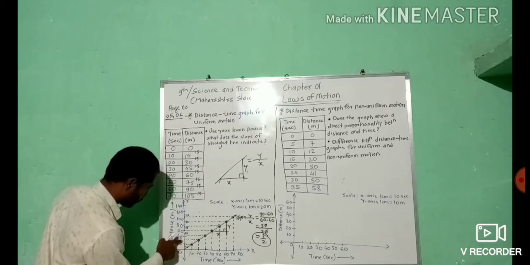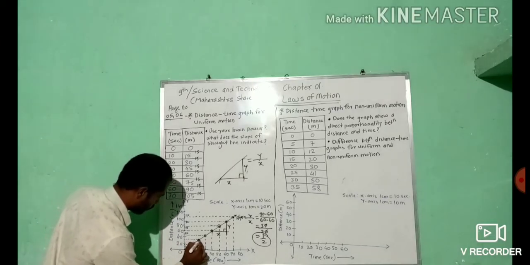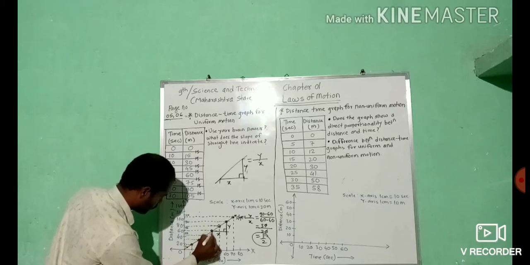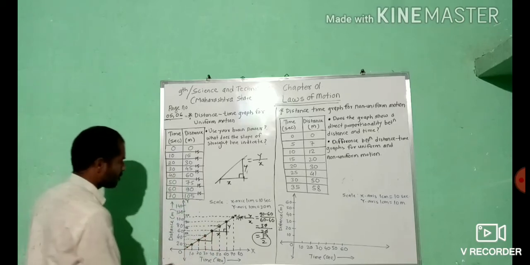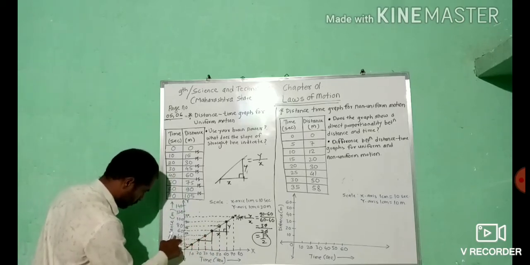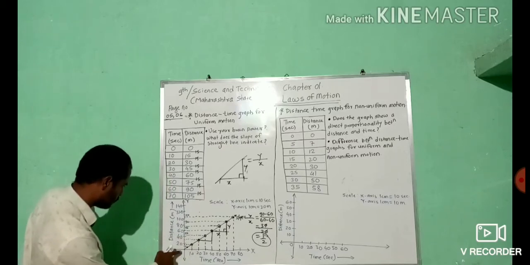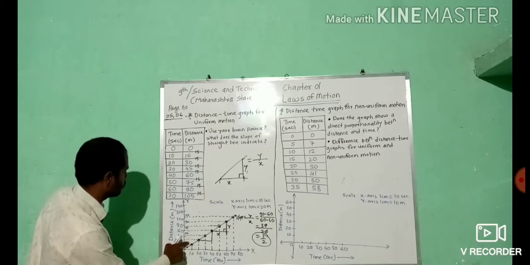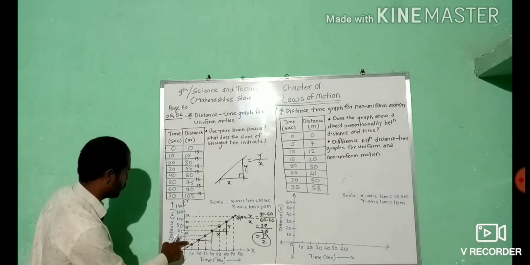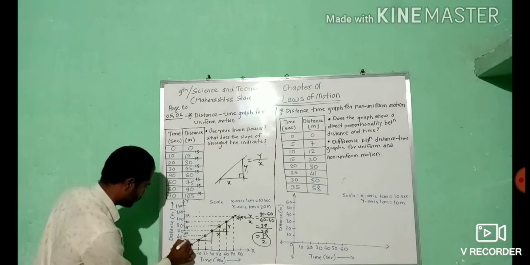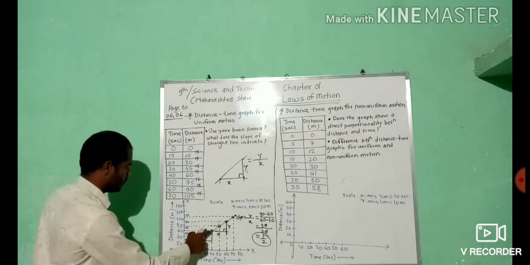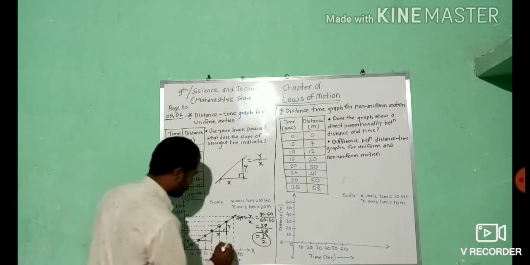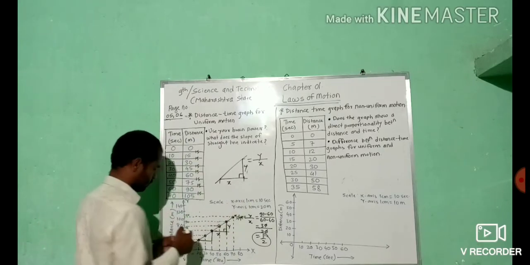So here, suppose you have to find out the slope between two points, okay. So the node of this is 30, and the node of this is 60.